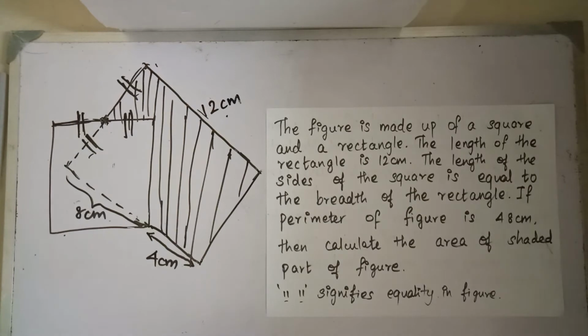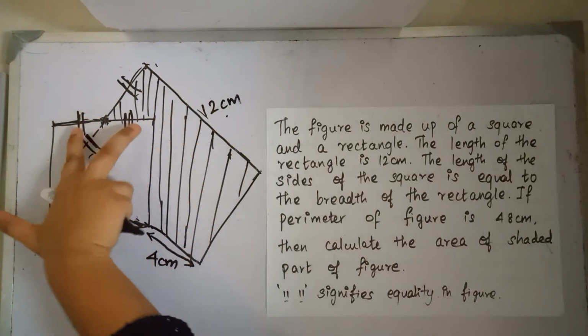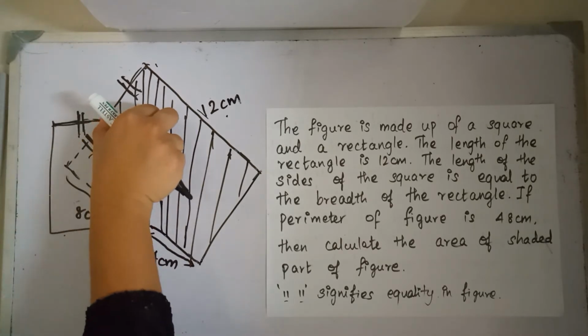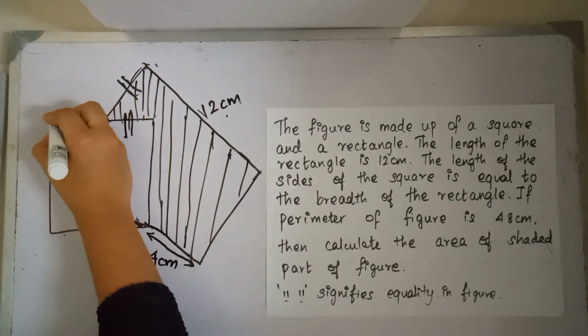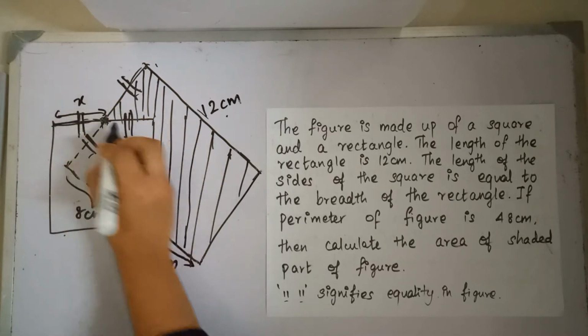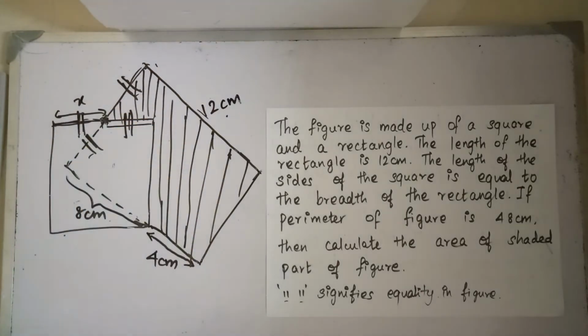So let's first write that down. Now since this and this side is equal, and both of them are equal to the breadth, let's have this as x. This is x. This will also be x. This will also be x, because they are all equal.